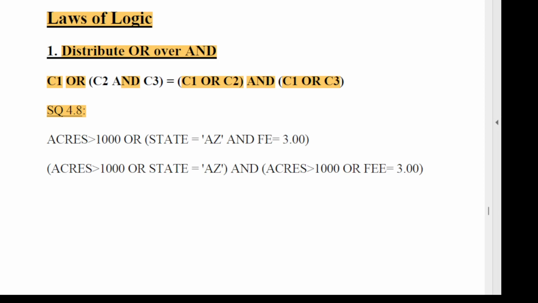So here's the mechanics. Acres greater than 1,000 or this compound condition. Take the acres greater than 1,000, take its OR, and put it in front of the first condition. Take the same acres greater than 1,000, with its OR, and put it in front of the third condition. And now you've got two conditions.